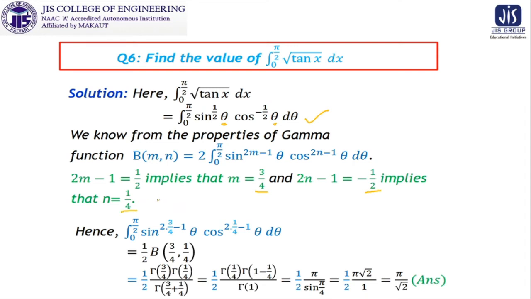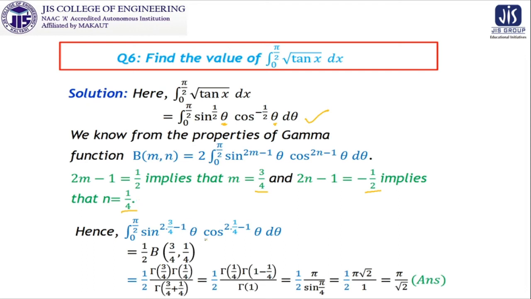Now the gamma function values at 3 by 4 and 1 by 4 are not known to us, and they are not bigger than 1, so that we cannot make it gamma n plus 1 form. But again the same concept, the properties of beta function and gamma function, will come into play.